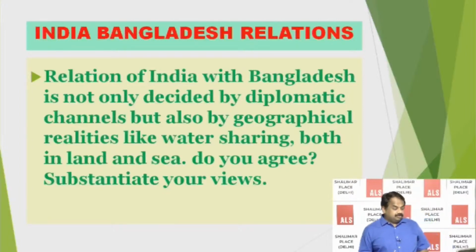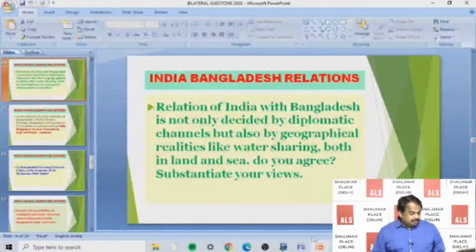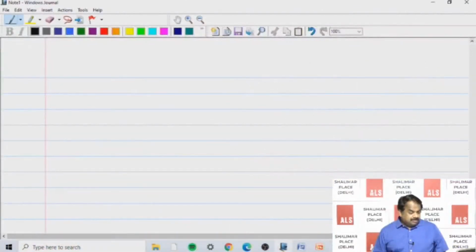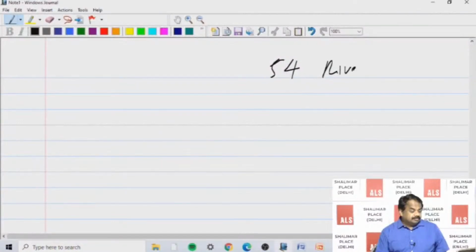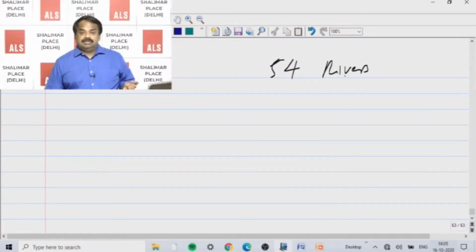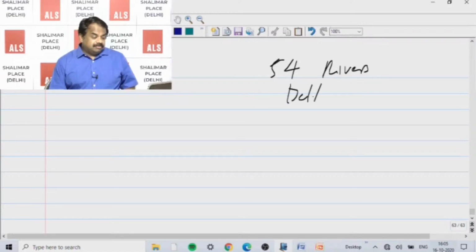As we have talked a bit already, first of all, there are 54 rivers crossing the border, because it is in the Sundarban delta or delta of Ganga and Brahmaputra.